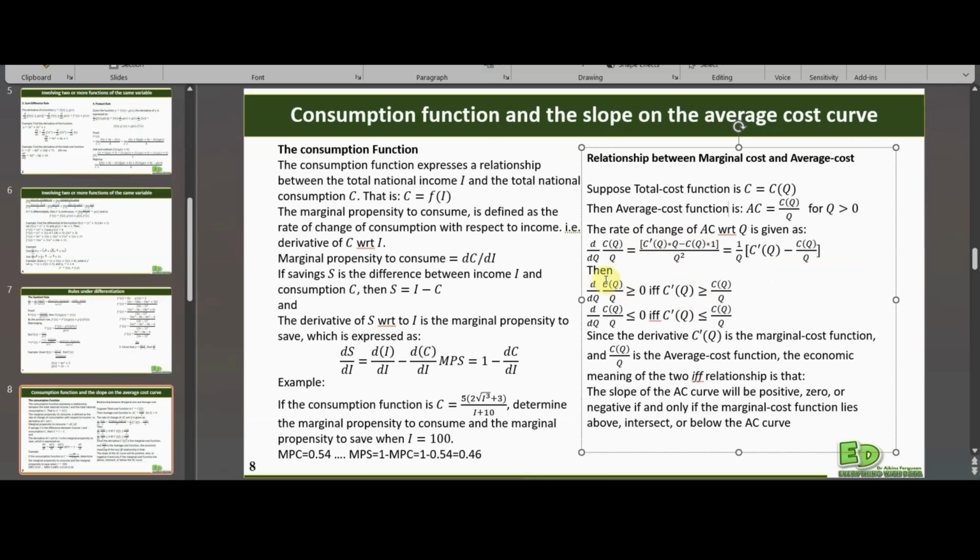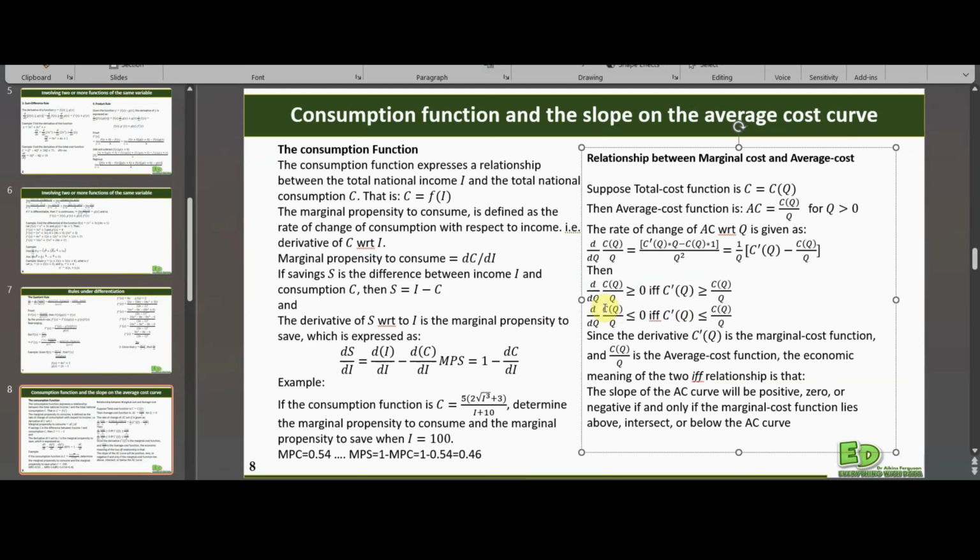Then you have this. It says the derivative of C over Q, that is the total cost function over quantity, is greater than or equal to 0 if and only if the derivative of the total cost function with respect to quantity is greater than or equal to the average cost.